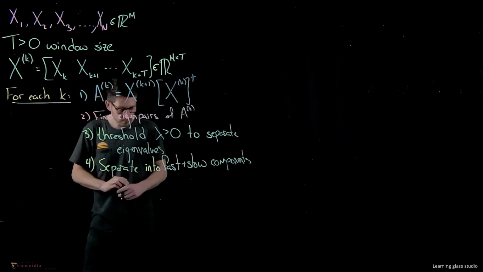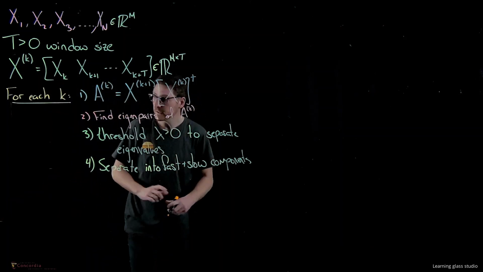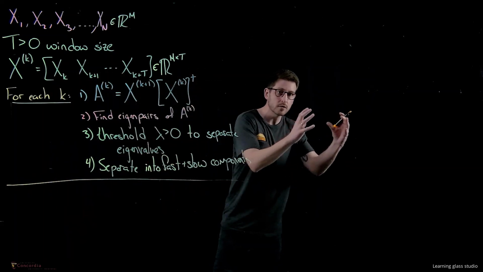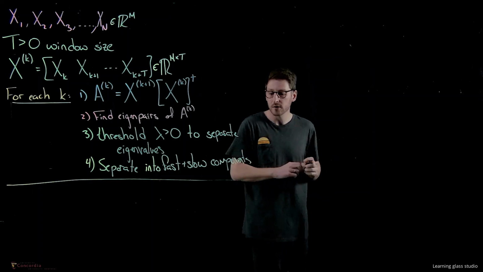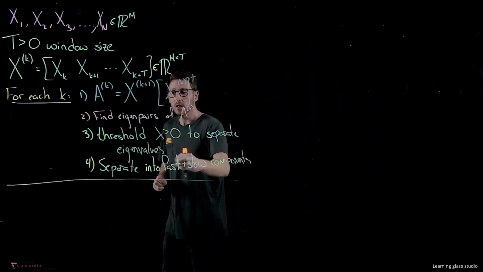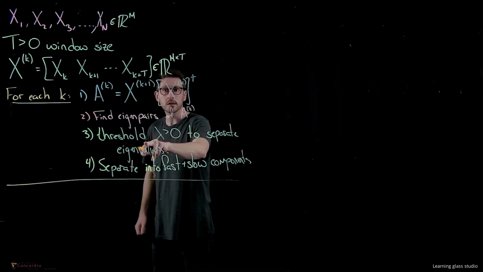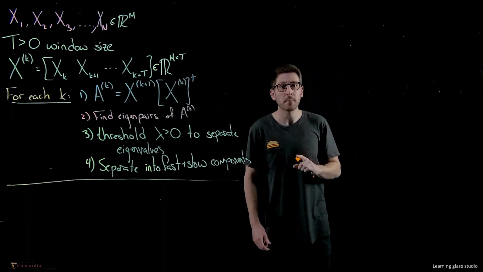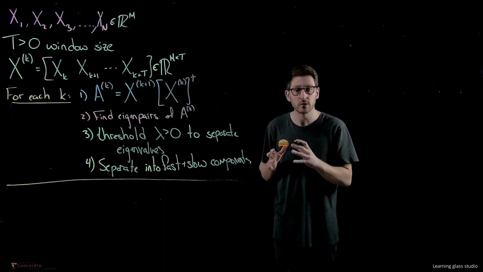But now, since you've done this for every single k, for example, you've swept over all of the windows, sliding your window across the whole data set, you've gathered up all of this information, you've collected fast and slow eigenvalues, what you can start looking for is macroscopic information about your signal.